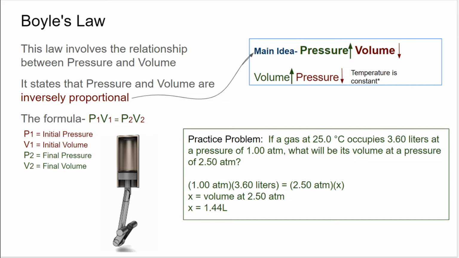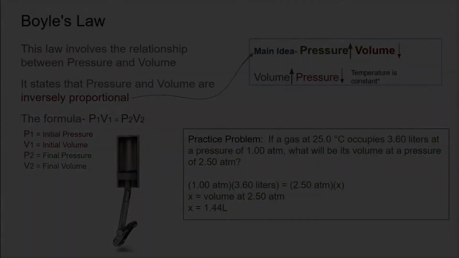We can just use the formula and plug in the values. So P1 would be 1 atm, and V1 would be 3.6 liters. And we're solving for V2, which is the volume at 2.5 atm, and we can find the answer, which is 1.44 liters.